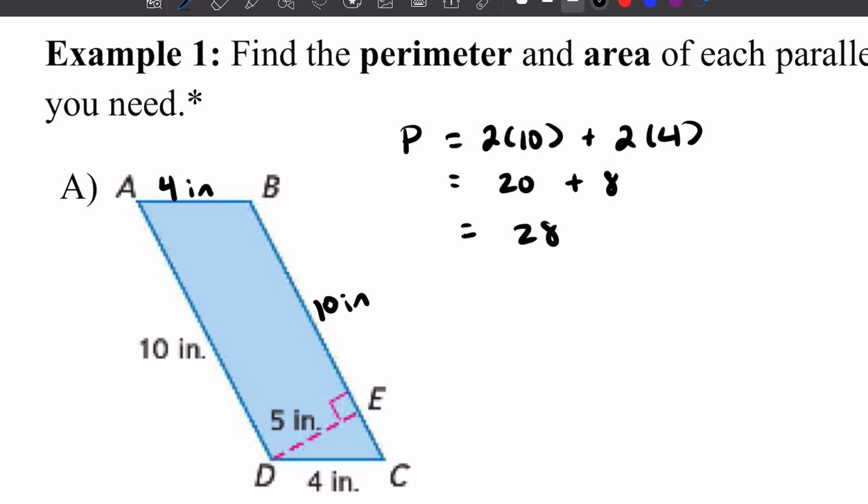Since we're in the area unit, I do want you to put units this time. So what's the unit for this parallelogram? Inches, right? So it should be 28 inches. Don't forget to write the units this time, otherwise you're going to get points taken off on a quiz or a test. So 28 inches. We write inches because we are in one-dimensional land, right?